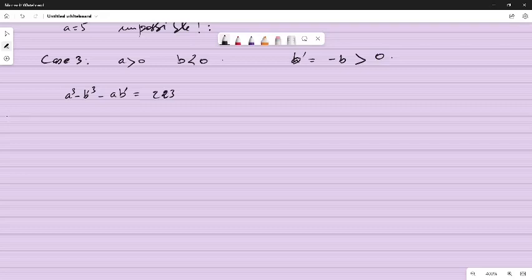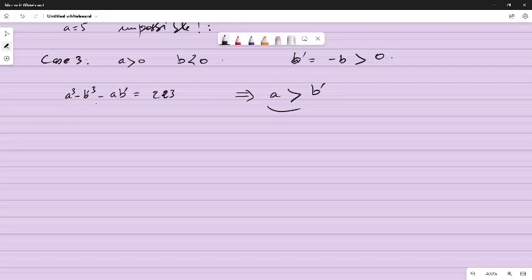And we see immediately that this implies that a is greater than b prime. Otherwise, this quantity is negative, and the left side would be negative, and it's impossible. So we must have a greater than b prime.